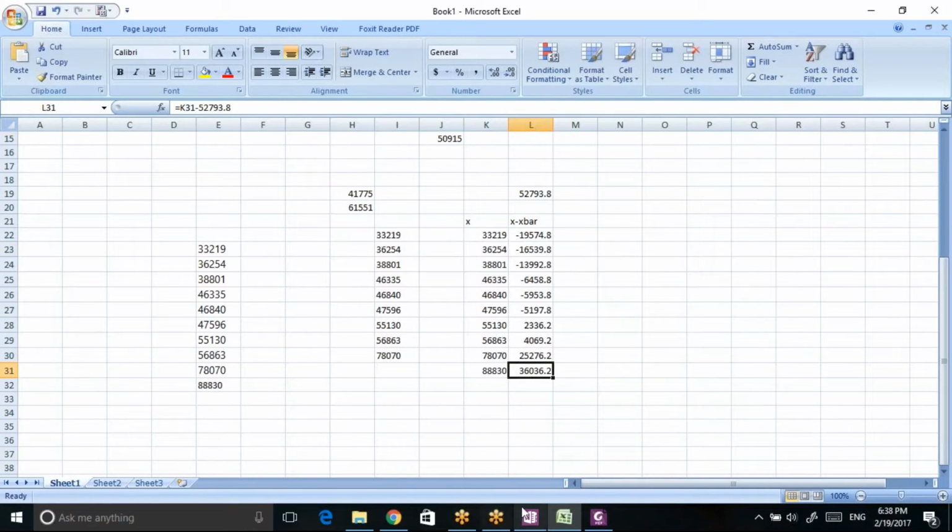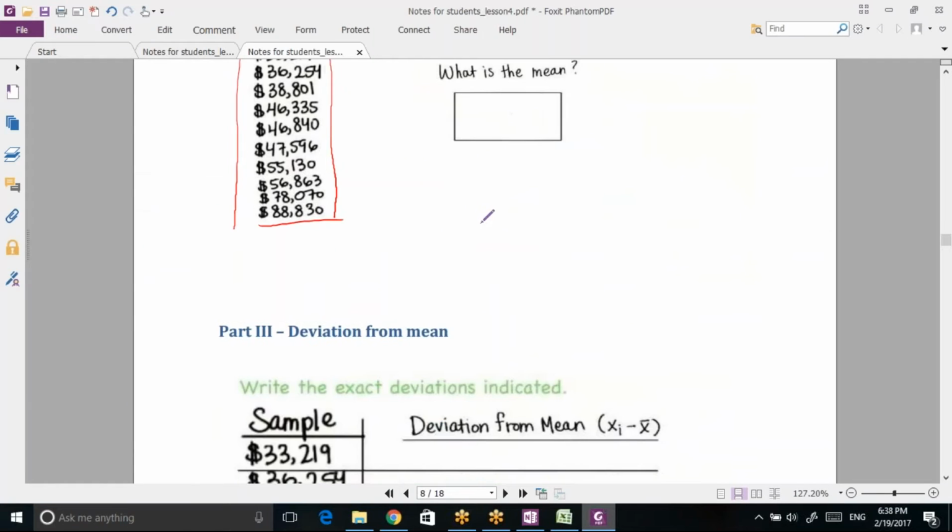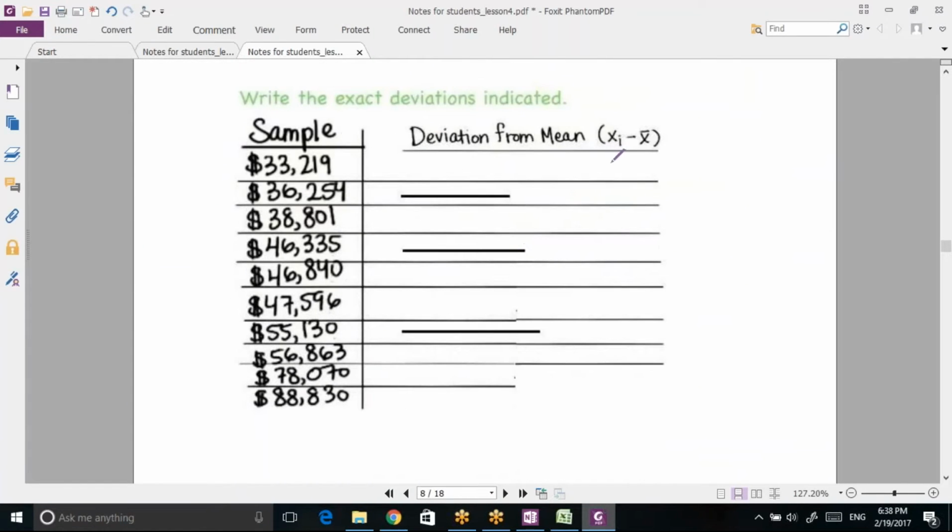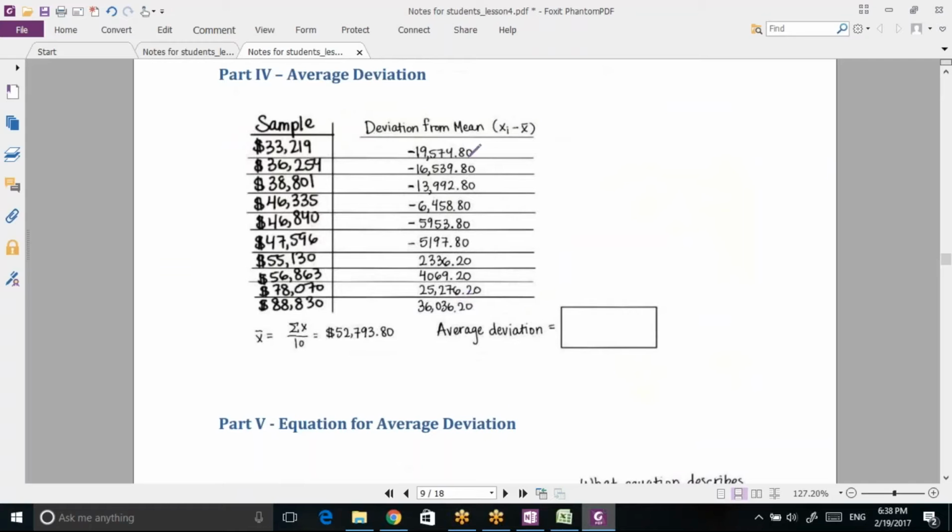Yes. Okay. Now we have calculated the deviation from the mean also, and these should be the values. Just match whether you're getting these values or not. Yes. Okay.